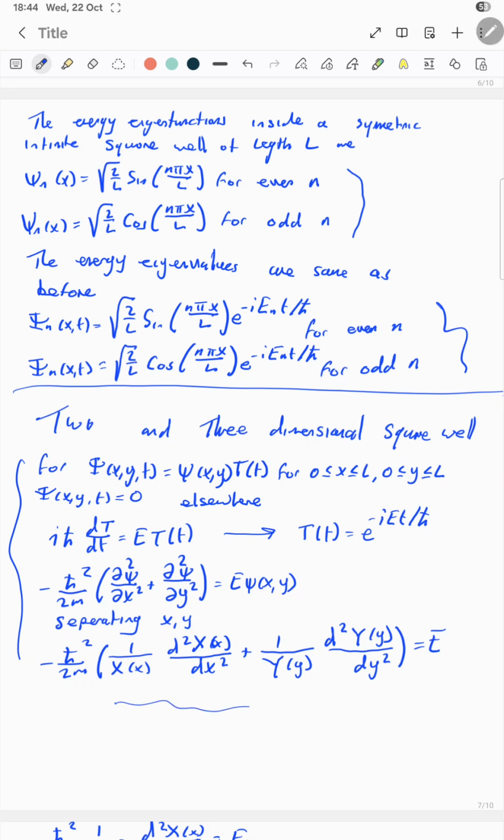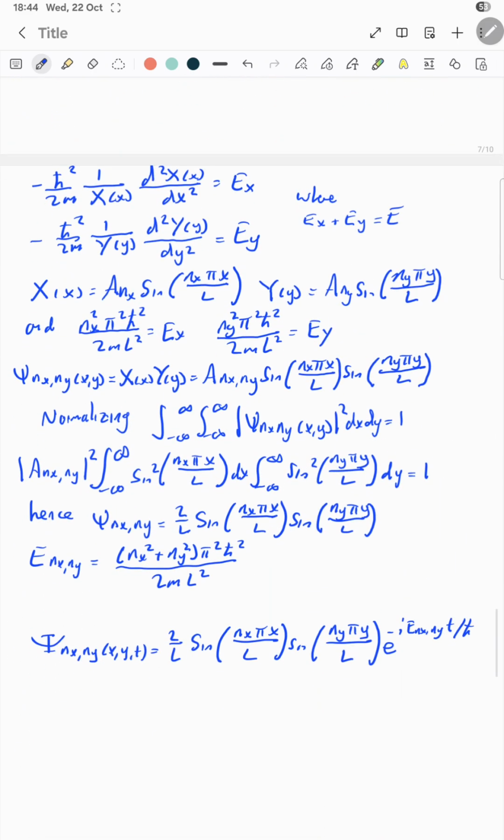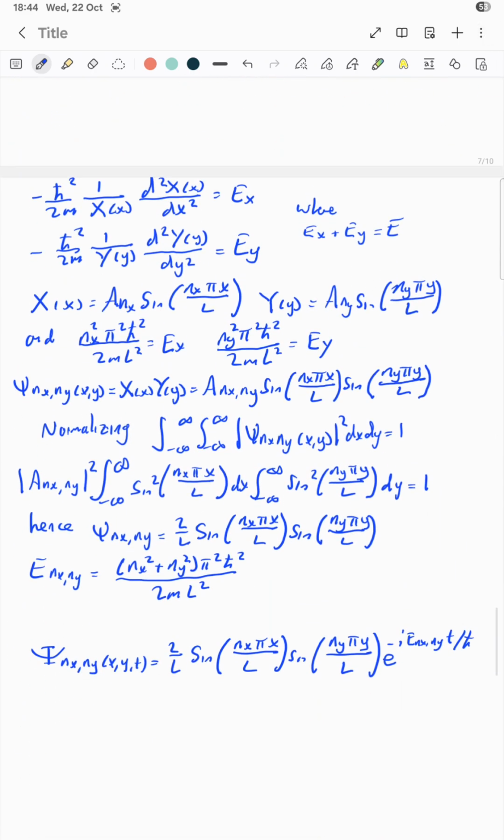These are the x's and y's, which we go on to separate as so, and we get this for E sub x, this for E sub y, and X of x equals A n sub x sine n sub x pi x over L, and Y of y equals A n sub y sine n sub y pi y over L.